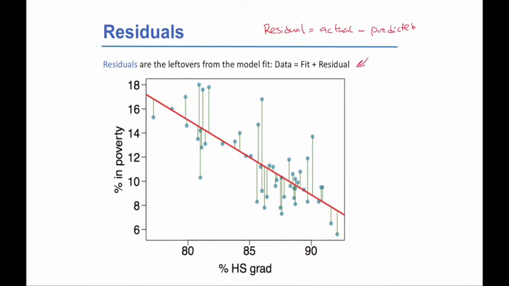All I did was rearrange that to solve for the residual. It's going to be the actual minus the predicted. So if your actual point is higher than your predicted point, you get a positive residual. And if your actual point is lower than your predicted point, you get a negative residual.